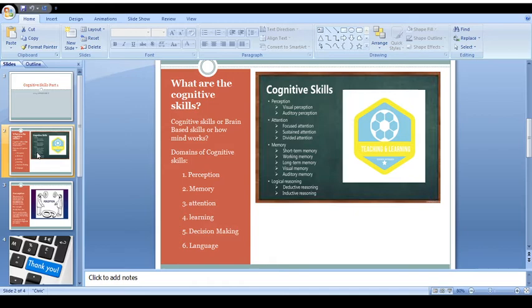These are the abilities, capacities, or functions of their brains. Some students have high thinking skills. They think and respond quickly, and they have outstanding performance. Similarly, the other two levels. As I mentioned, it's brain-based skills and how the mind works.